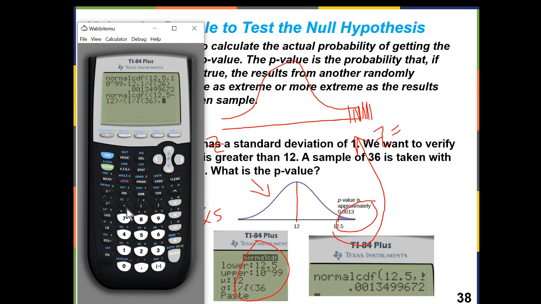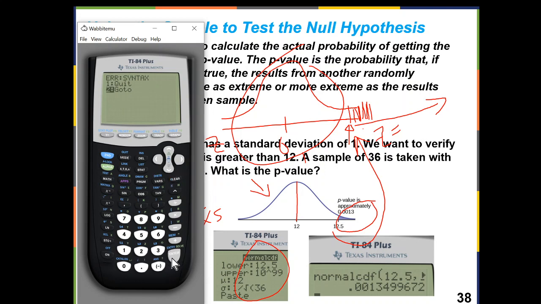So that's the z, that's the number, and we want to go from that number to 10 to 99, right? So from here on. This number right there is the number I just put there. I let the calculator calculate what that is. And then comma 0, comma 1, because the mean and standard deviation for z for this distribution is 0 and 1, right? And if I did everything correctly, I should get the same.